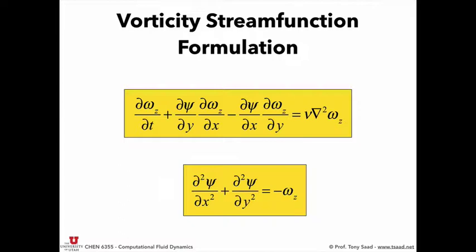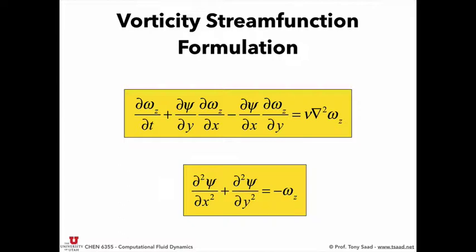So given an initial condition for vorticity plus boundary conditions, that vorticity through this equation is going to generate flow dictated by the stream function. In other words, it's going to generate a stream function. So start with the initial condition for vorticity, solve this equation to get the stream function, take those values, put them in here, get the new vorticity, rinse and repeat.